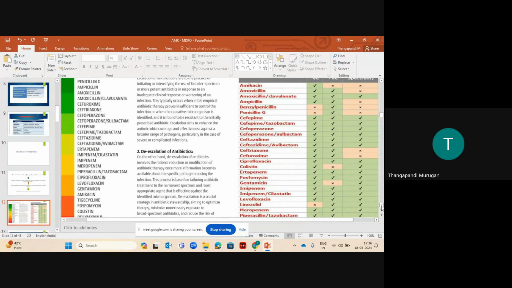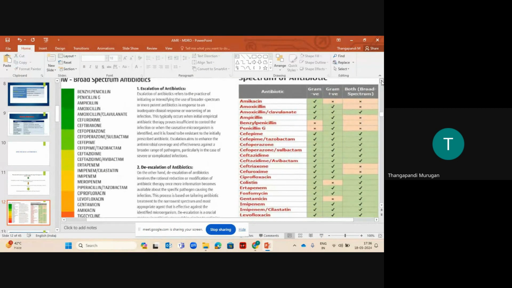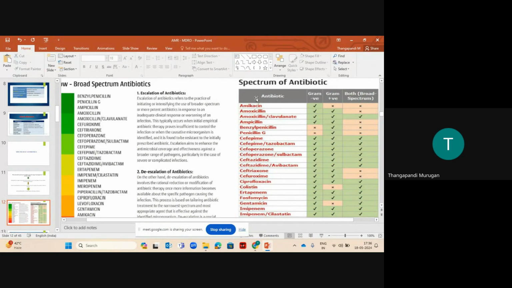I hope you have a better view of it. Like vancomycin, amikacin does not have gram-positive coverage, but surprisingly gentamicin is listed before amikacin. Gentamicin does not have gram-positive coverage; it has gram-negative coverage, but it is not narrow spectrum. It covers more species, a greater number of microorganisms.